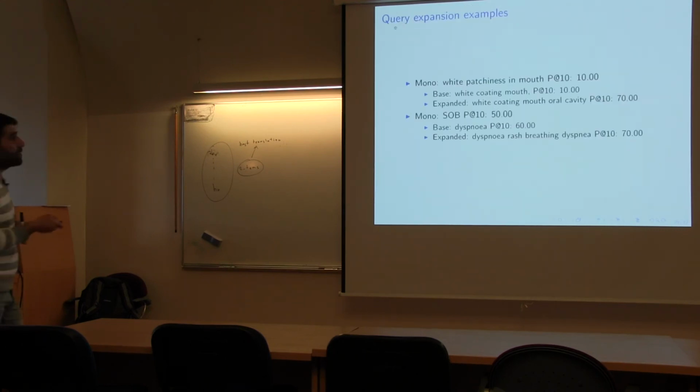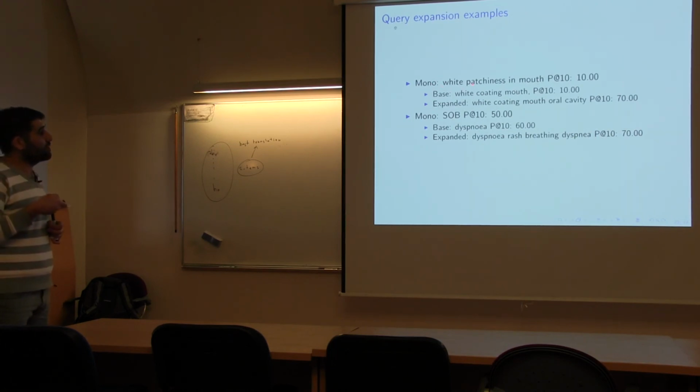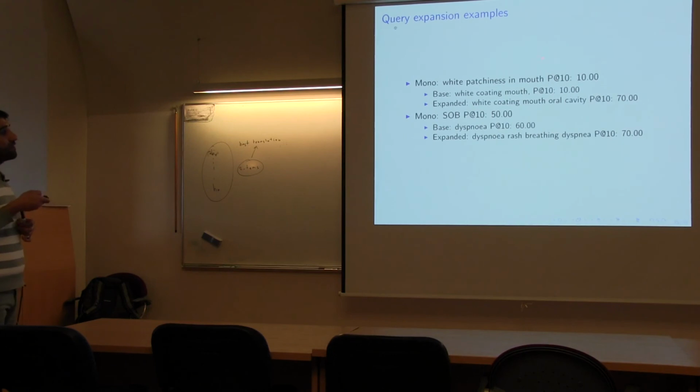So here are some examples. For example, here the monolingual query is white patchiness in mouth. P at 10 for this query is 10. Here's the baseline system, the best translation for this query. I'm taking these results from the Czech system.